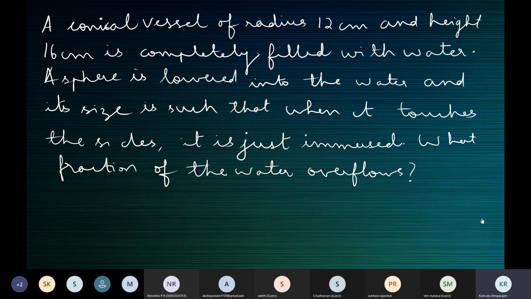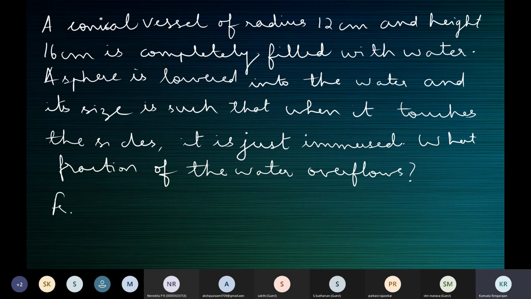It's just immersed, meaning the top of the sphere just touches the top of the water. I'll show you with the diagram. What fraction of water overflows?